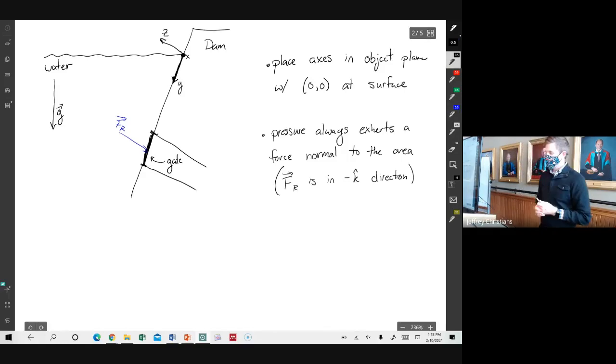The magnitude of this force, we'll look at the magnitude first, and then we'll look at where it is actually on the gate. The magnitude is going to be, just like it was in statics, the sum of all the forces.